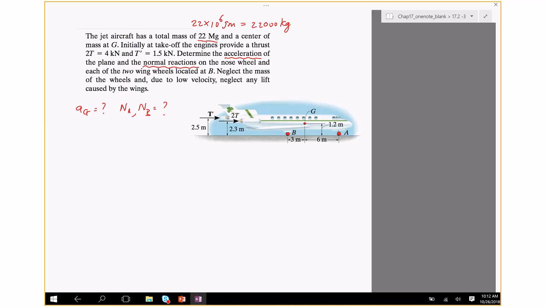So this is a case of pure translation because the plane is not rotating at this point, it's just translating along the horizontal. Okay, so let's write the equations of motion. Well, before that, obviously I have to draw a free body diagram.